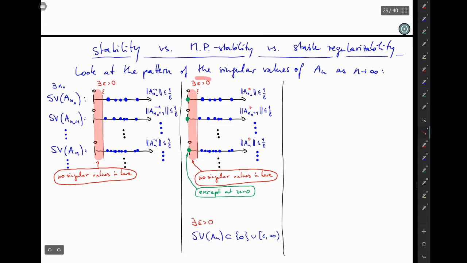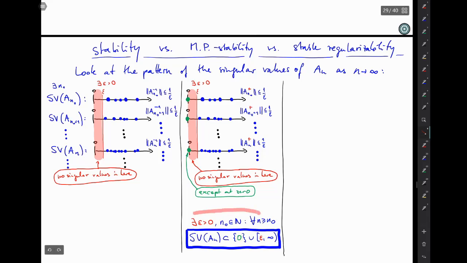So there exists a positive little epsilon and a starting index n0, such that for all n greater than or equal to n0, our singular value sets are contained in this union, so they are either bounded away from 0 uniformly by this global constant epsilon, or they are 0.